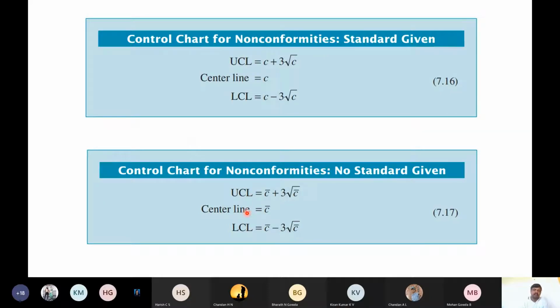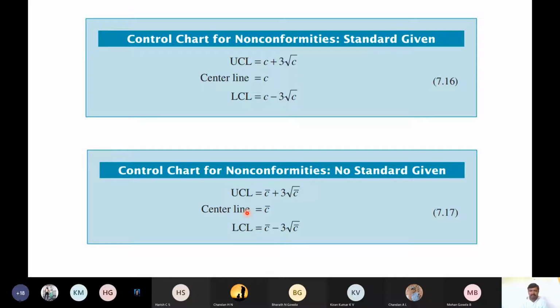Then, based on the given data, you plot the control chart. Depending on the location of the points, if all points lie within the control limits, we can say the process is in control. If some of the points lie beyond the control limits, that requires further evaluation.